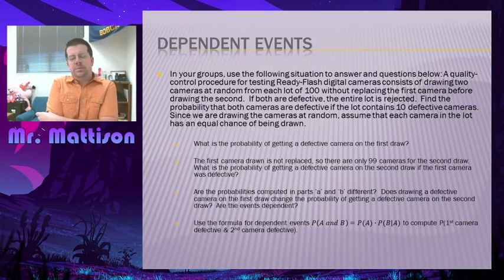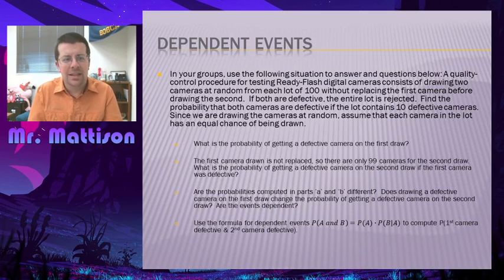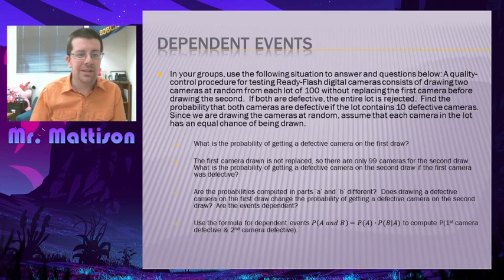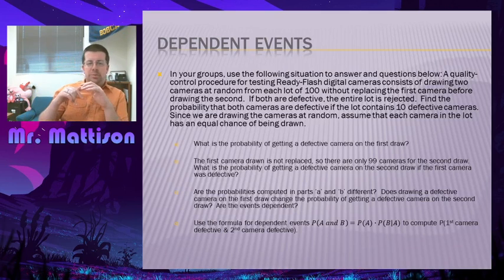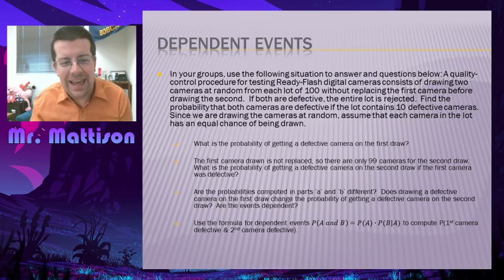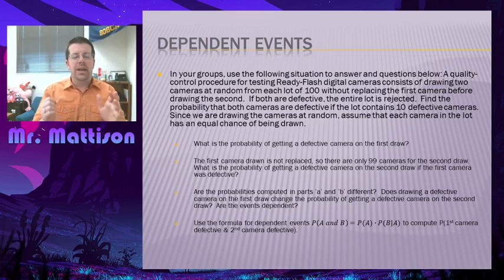Okay, so dependent events. Like I mentioned, this is affected by what has happened previously. This is a very common case for these things, a quality control type of example. We have digital flash cameras, and they have a lot of 100.